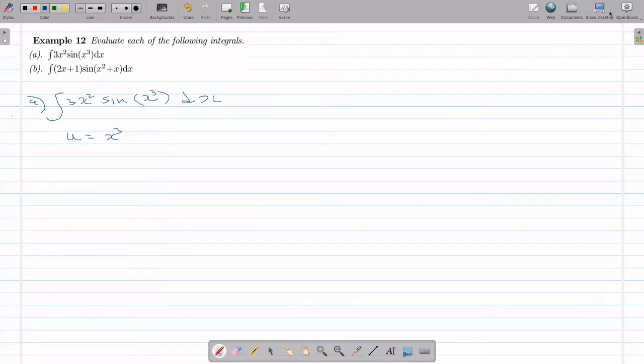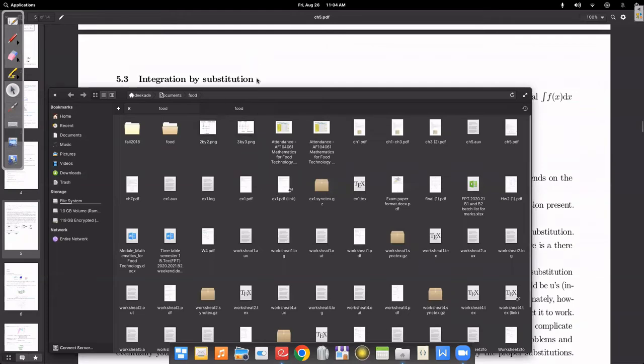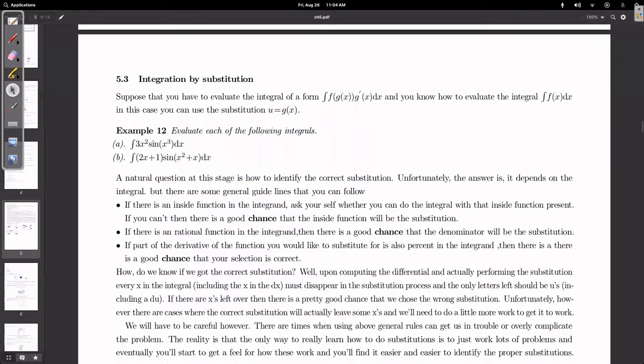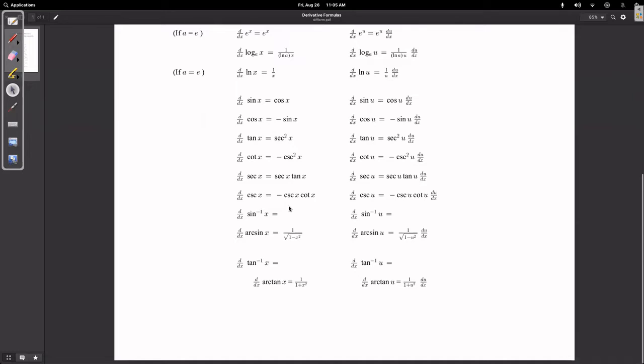Okay, so if I go to differentiation, let me take that formula. I'll take the formula sheet for differentiation just to remind. Okay, if you recall, these are the differentiation formulas, no?